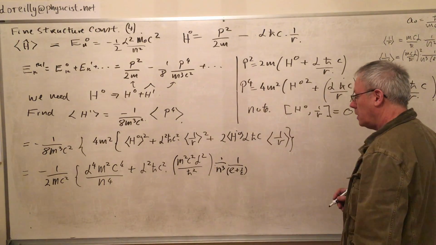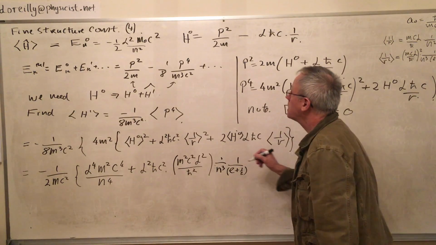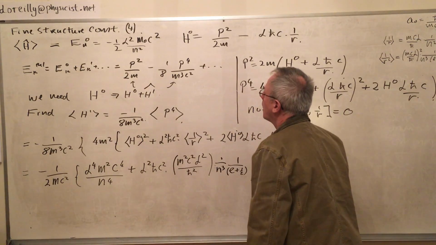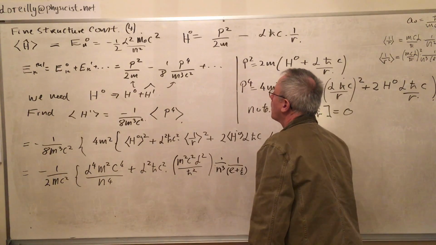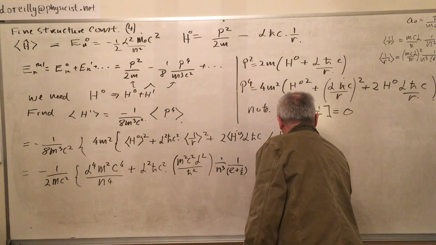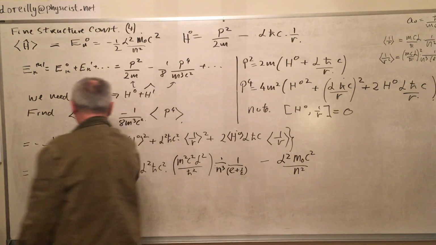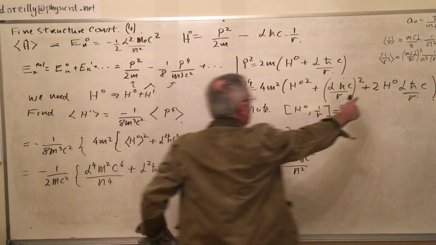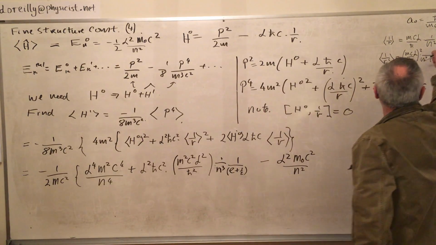So far, so good. And it's going to be minus this object here. Now, the factor of 2, okay, the factor of 2 here cancels my half, so I won't put it in. But I do have this part here.